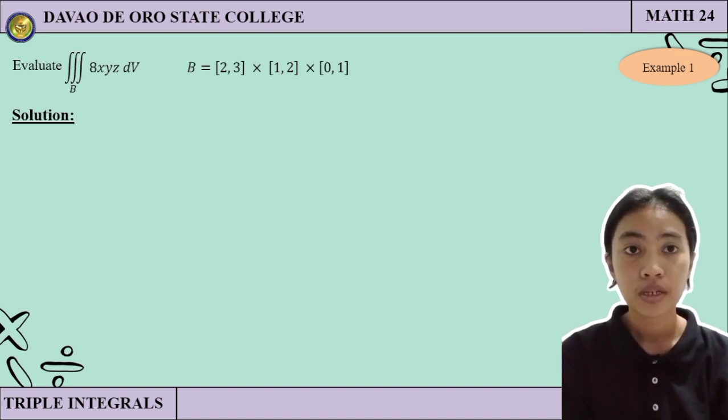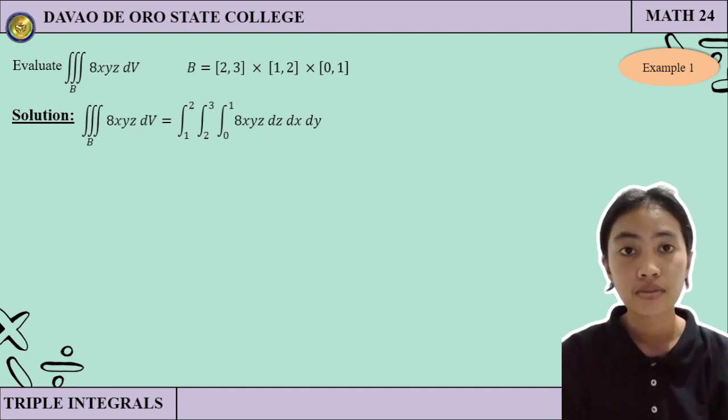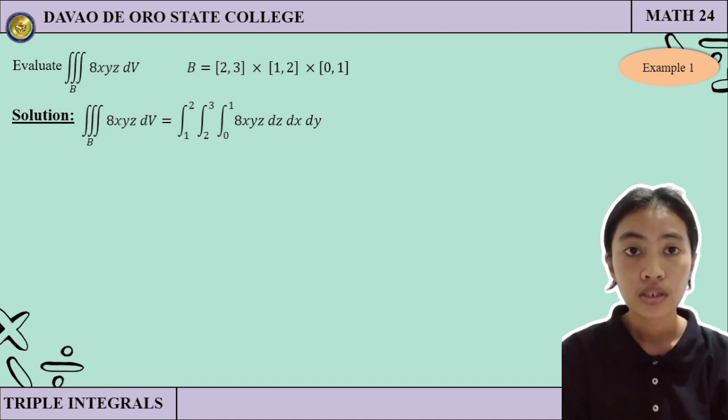Upon writing those bounds in each integral, we will have the integral from 1 to 2, the integral from 2 to 3, the integral from 0 to 1 of 8xyz dz dx dy. Instead of writing dV, we wrote dz dx dy because we are using rectangular coordinates.